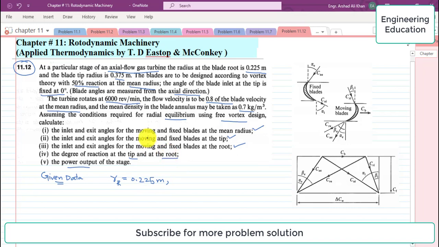Similarly, radius at the blade tip is 0.375 meter. The blades are to be designed according to vortex theory, and degree of reaction A is 50%. Also, the speed of the turbine is 6000 rpm, revolutions per minute.